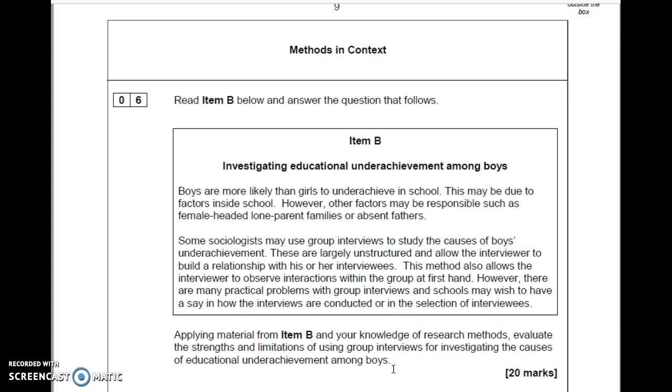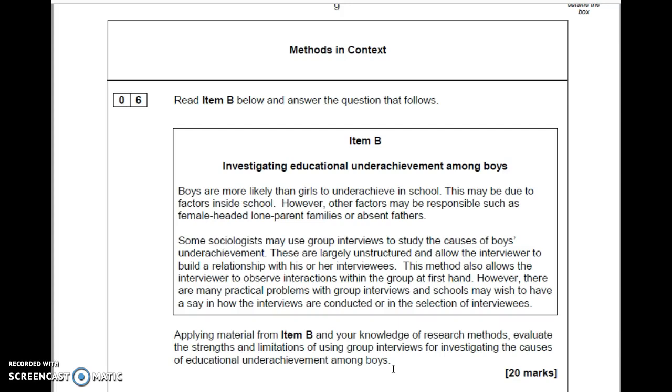So you could get a little bit of context for that. I would expect you also to be saying that often students that are underachieving, they might be speaking in a restricted code, and you as a researcher, most likely to be middle class, are speaking an elaborate code. So again, that rapport might be hard to get.